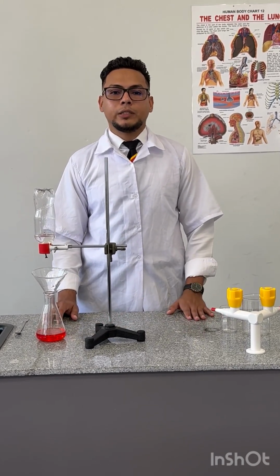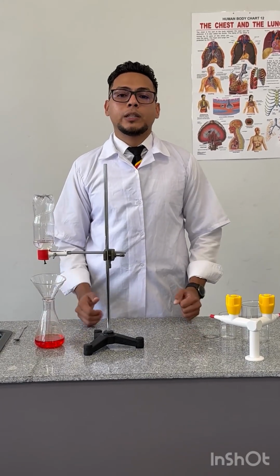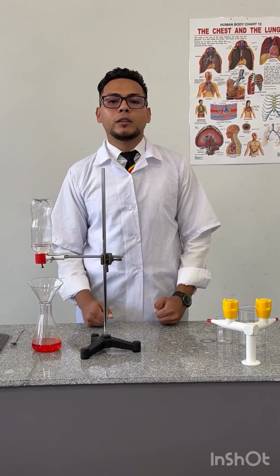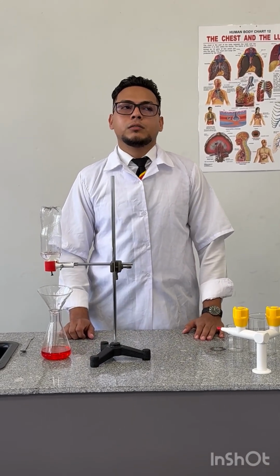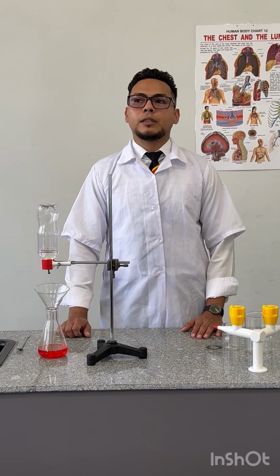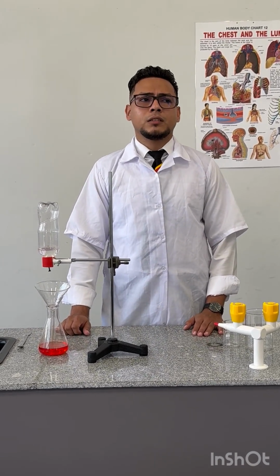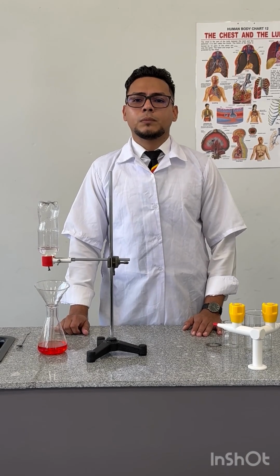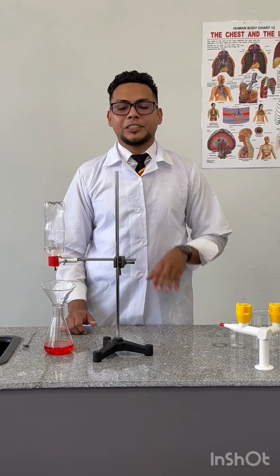Okay, when it comes now to chemical changes, we have those that occur when a substance is transformed into one or more new substances with different chemical compositions. Characteristics: new substances are formed, there are energy changes such as heat, light, or gas production, and the process is typically irreversible.